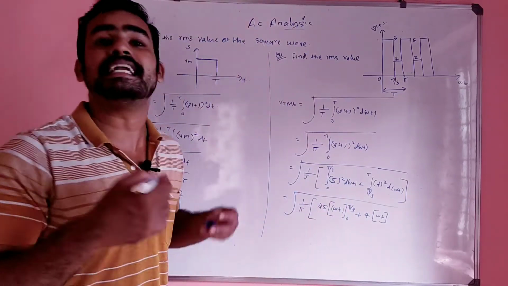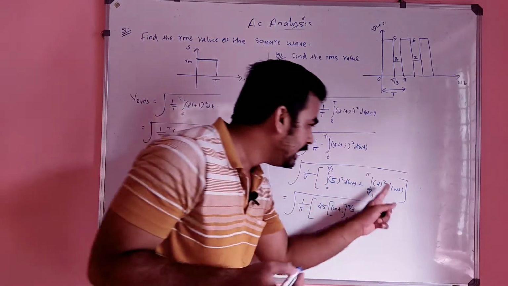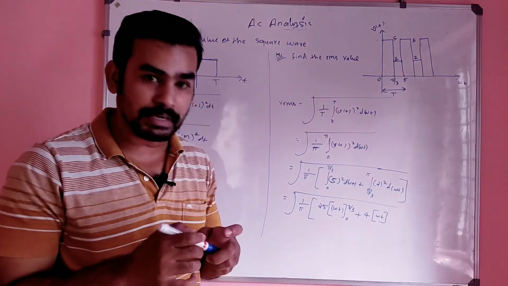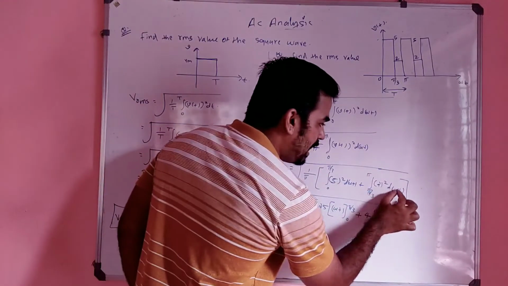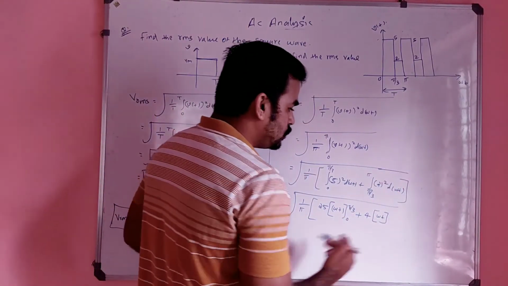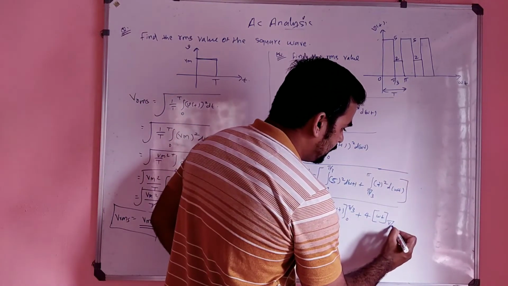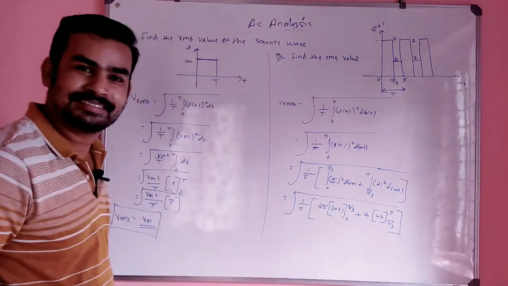Integral dt means simply t, similarly integral d omega t means the integration happens with respect to omega t, so it will be omega t. So 4 into omega t from pi by 3 to pi, all in my whole bracket.